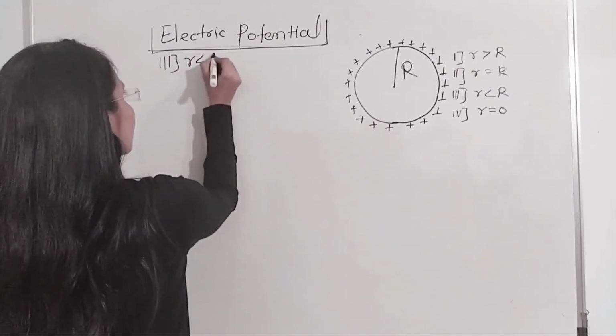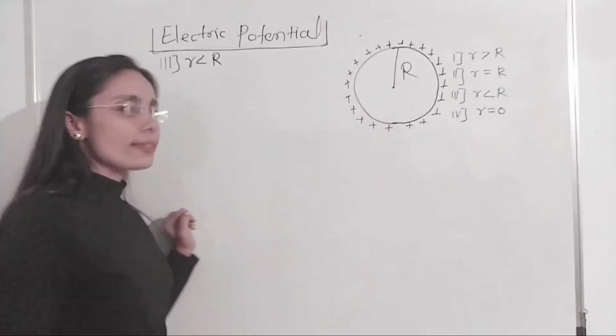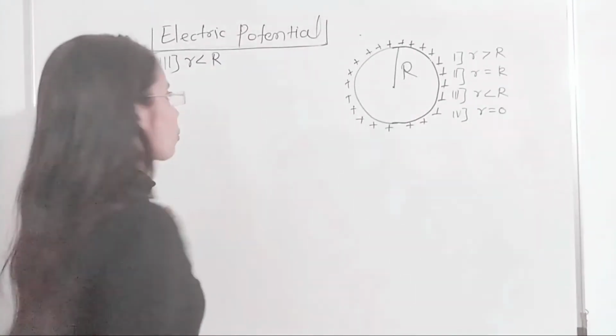So the third condition is when r is less than capital R. So inside the hollow sphere we have to find the electric potential.